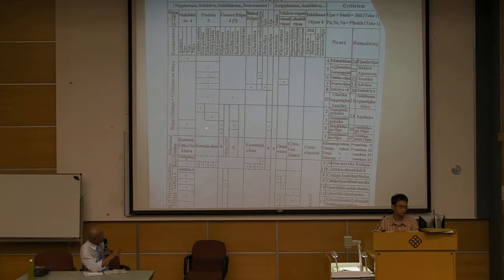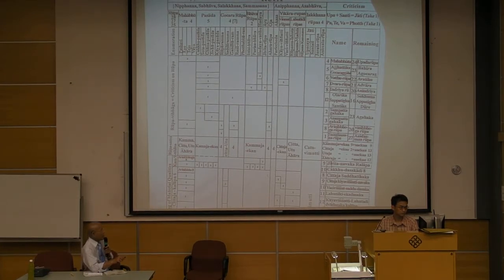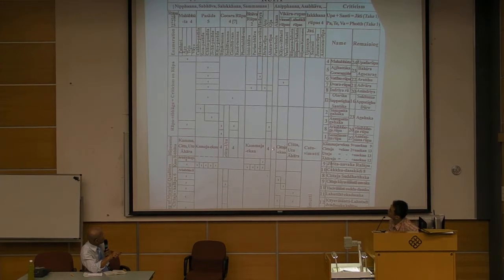And when they are produced as a material group, we say then limiting space, Pariccheda Rupa. We also call it Akasa Dhatu, space. The space around each material group also appears. It appears simultaneously.